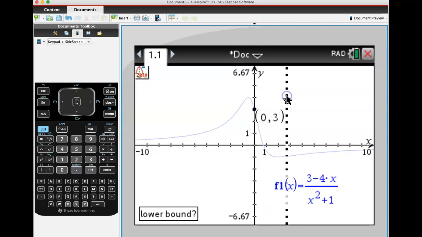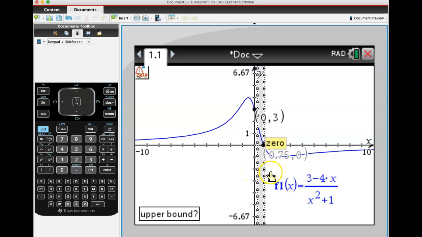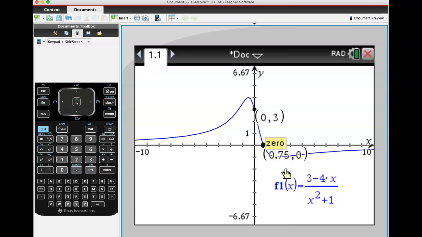We want zeros. Now we can see where it crosses the x-axis and we take our finger on that little touchpad and make sure we're first on the lower bound, or the left side of that intercept, anywhere on the left side, and then drag it to the right side and it automatically drops the dot. Okay? And then you can move these little guys around.